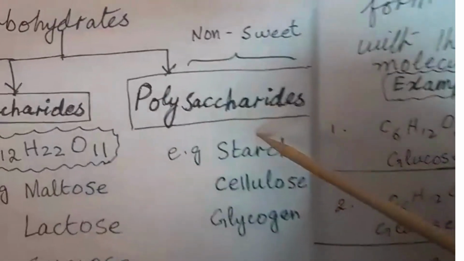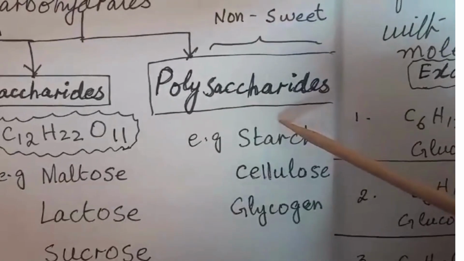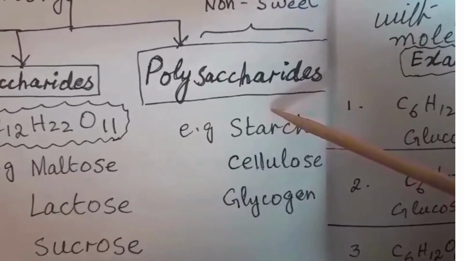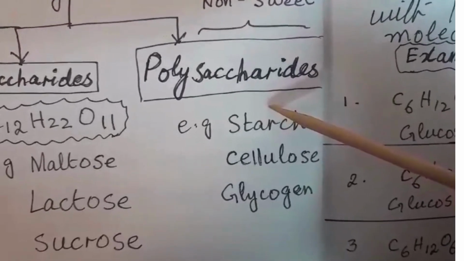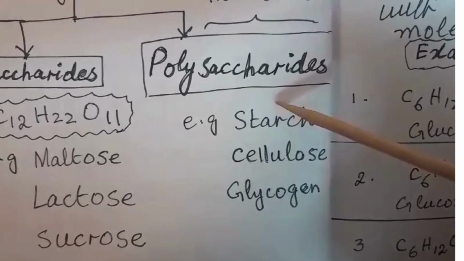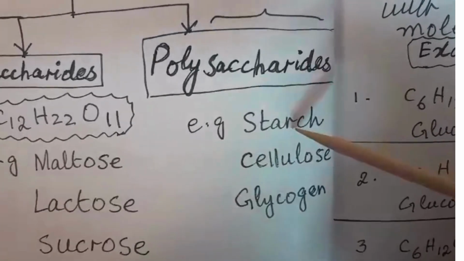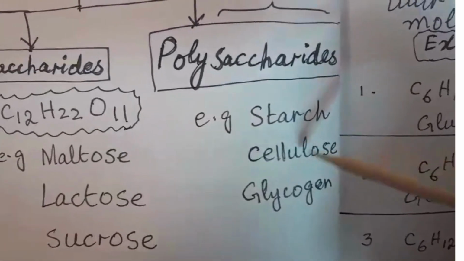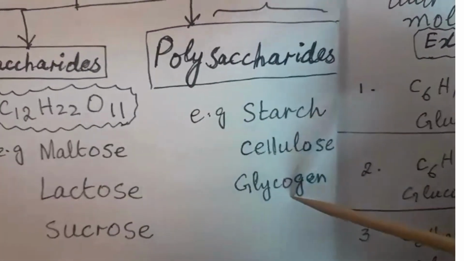Then we have polysaccharides. Polysaccharides are made up of many simple sugars, about thousands of simple sugars. They condense and make the polysaccharides. Polysaccharide names are starch, cellulose and glycogen.